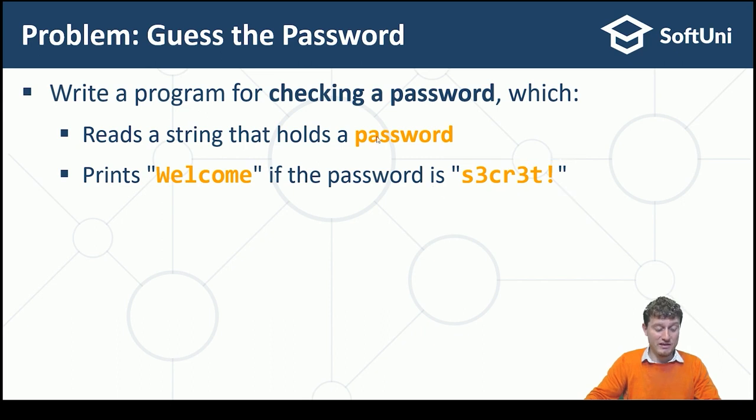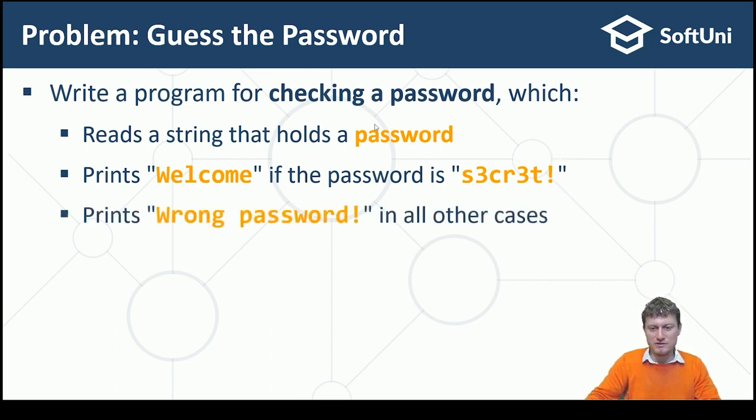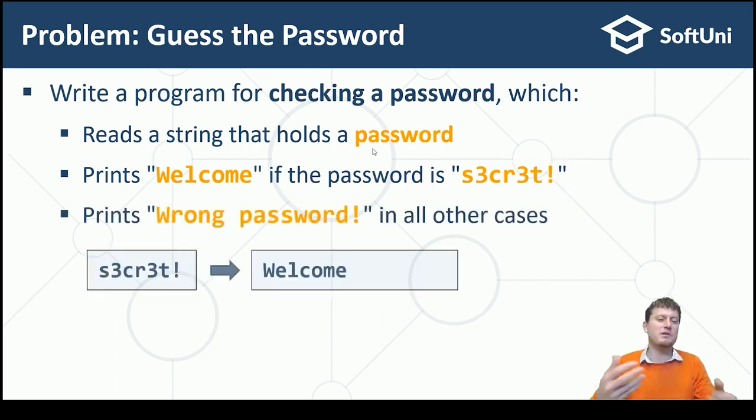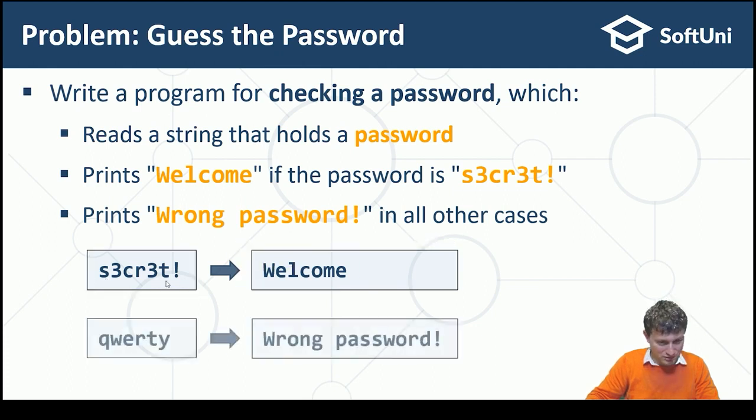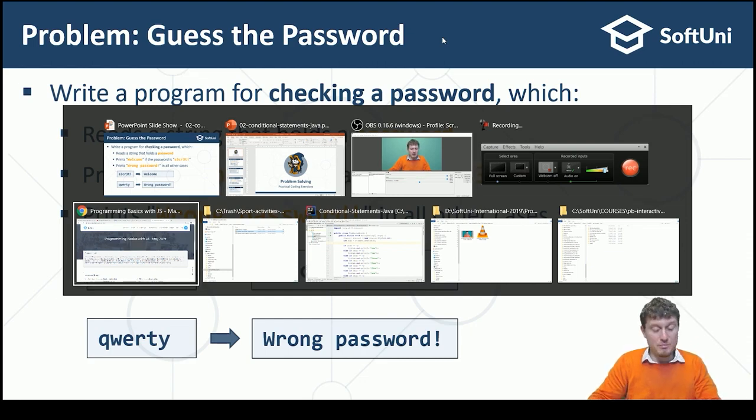If it is this sequence of letters, it says welcome, otherwise it says wrong password. So this is an example. The input is secret exclamation and output is welcome. Or if we put the incorrect password, it says just wrong password.